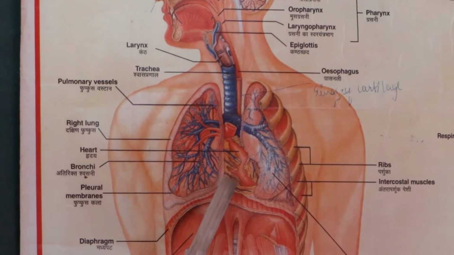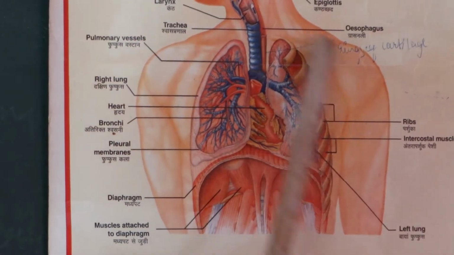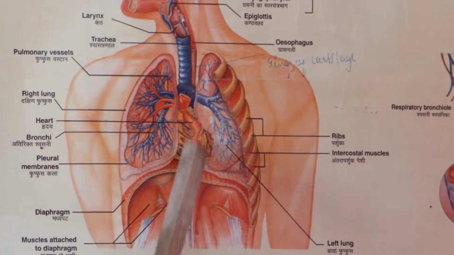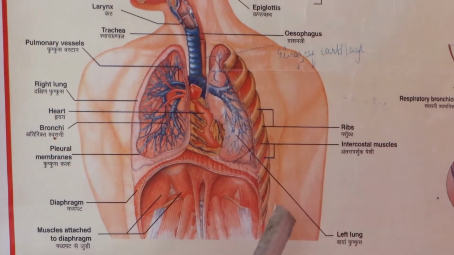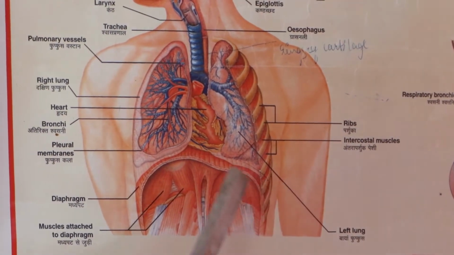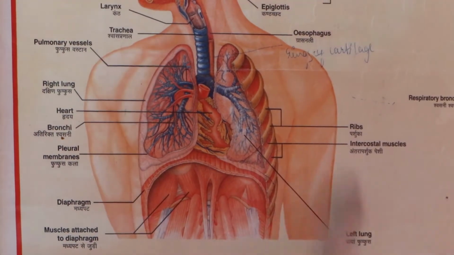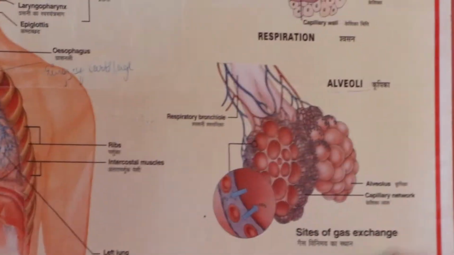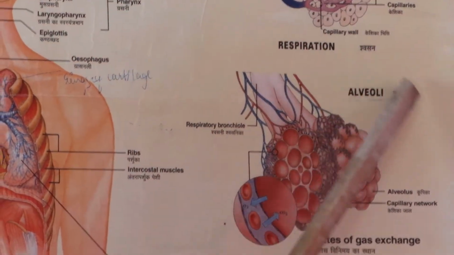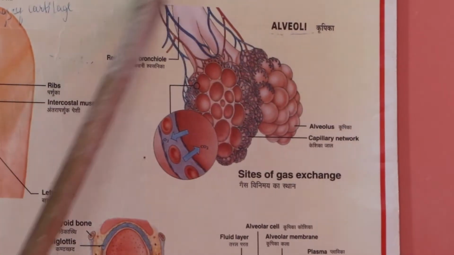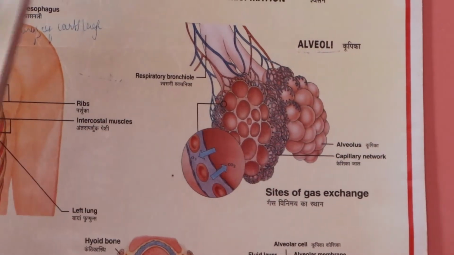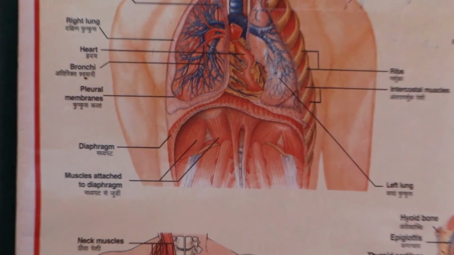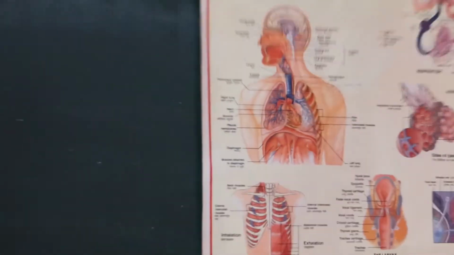Hemoglobin is a respiratory pigment that carries oxygen. Hemoglobin takes oxygen-rich blood to all parts of the body. The alveoli contain the capillary network. It is the main site of gas exchange. This is a simple respiratory system in human beings.